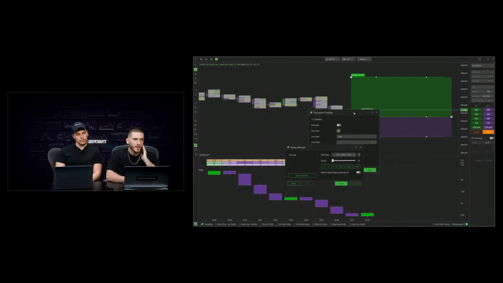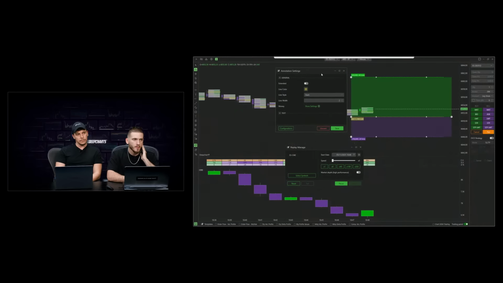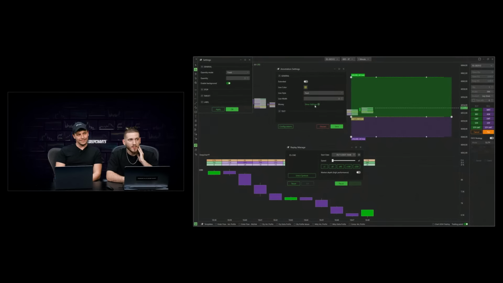It's going to open its settings. Super, super easy. You can't mistake. It's just written, money. You show the settings. And instead of fixed quantity, you put the risk on your stop. So we open.